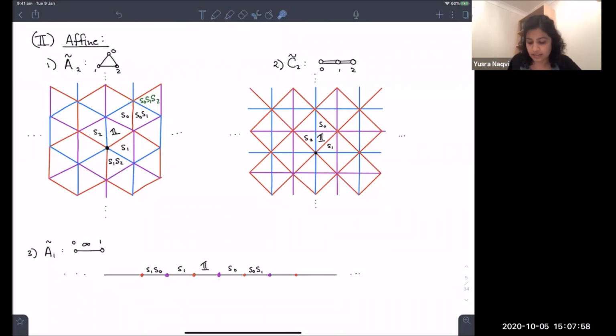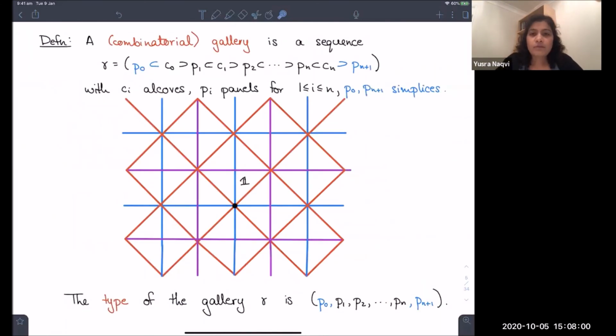And within these Coxeter complexes, I want to define a gallery. So a combinatorial gallery is a sequence of alternating panels and alcoves where these blue things at the end are sort of optionally included, but formally they should be there. And I'm going to have every panel that I'm interspersing with living on both of the alcoves on either side.